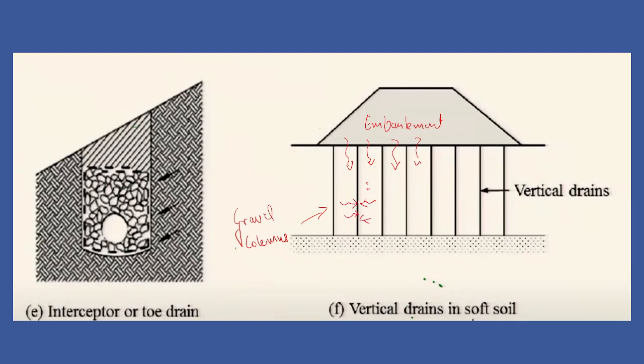With the help of the gravel columns or the drains, you can move your water, and with the help of some pumping techniques you can remove the water here. This technique is basically used in soft soil. There you can establish the gravel columns, which will create a drainage path for the water, which will be generating the excess pore water pressure.